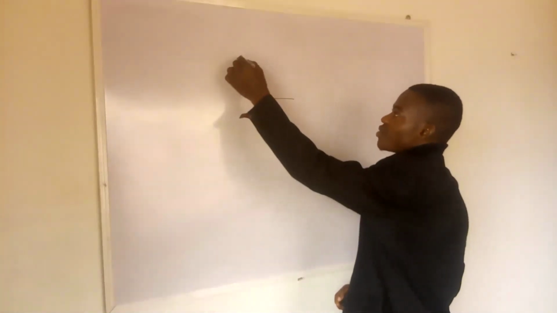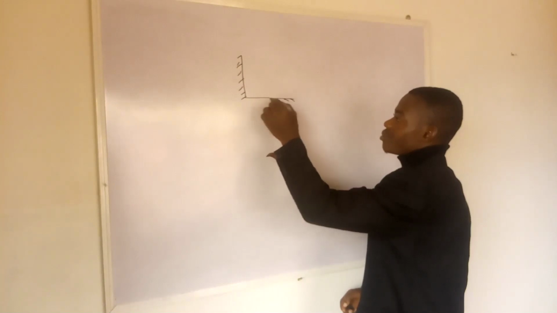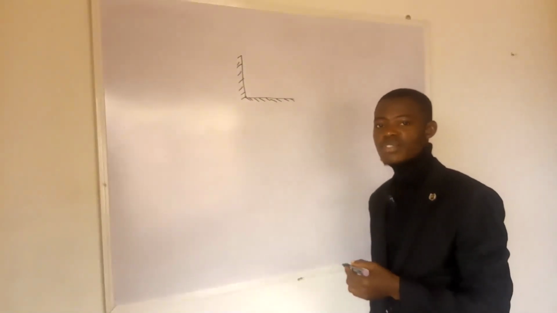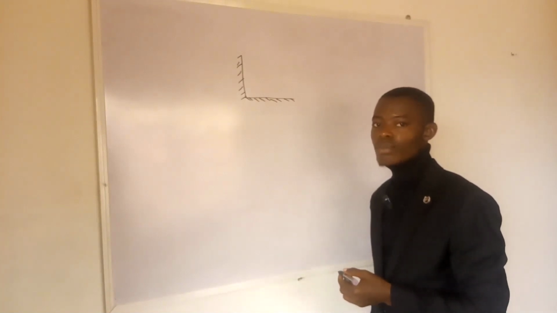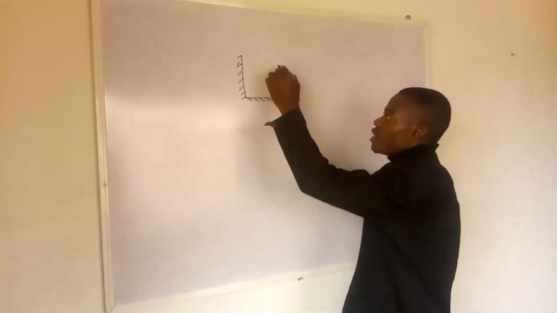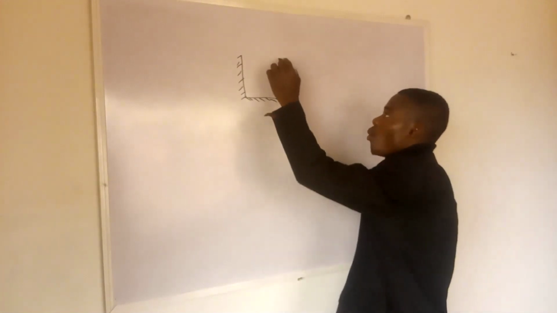Now, if an object is placed symmetrically in front of these two mirrors, what will happen? Where and how are the images going to be formed? So let the object be somewhere around there. I'm going to represent that with O.